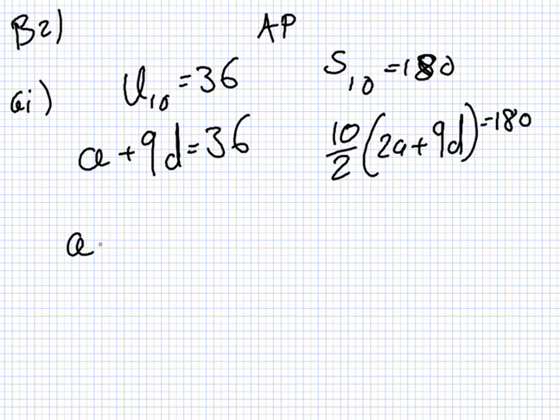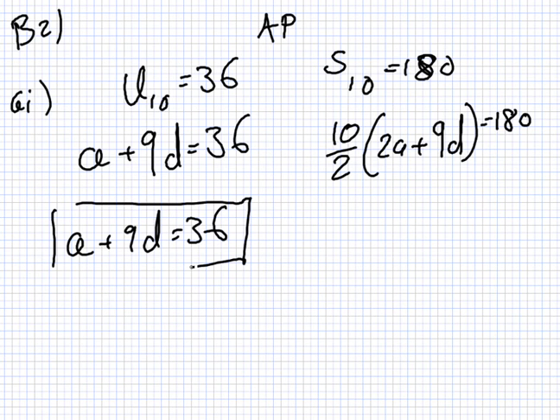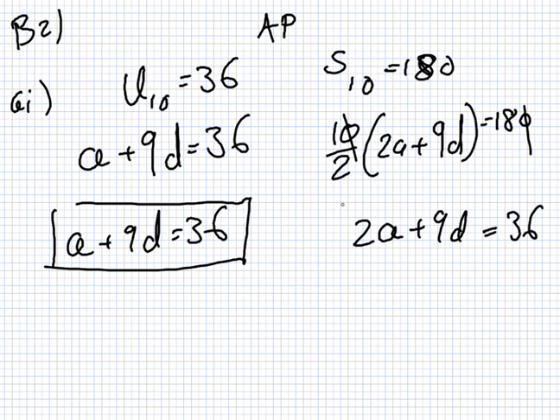So we have a plus 9d equals 36, not much I can do with that. And here we get 2a plus 9d equals 36.